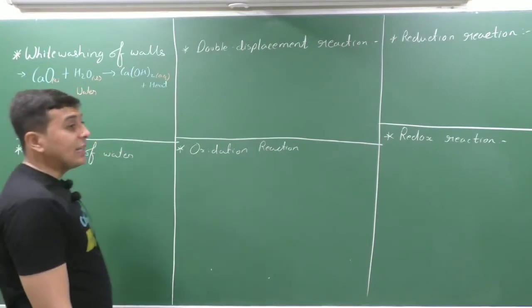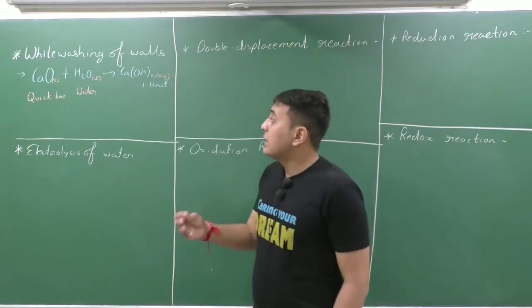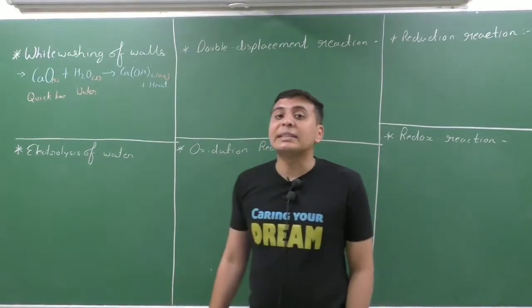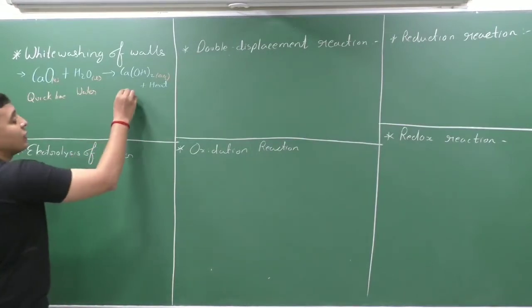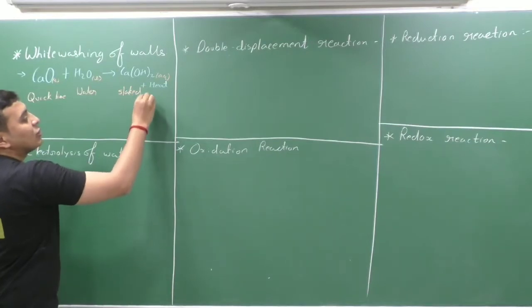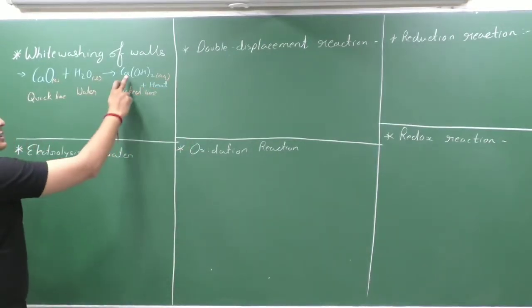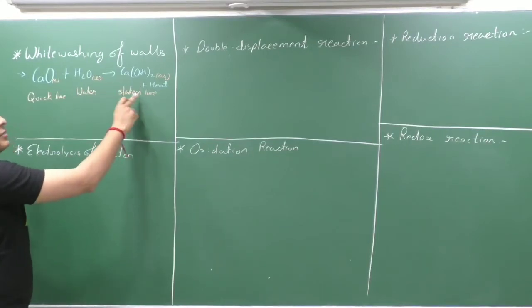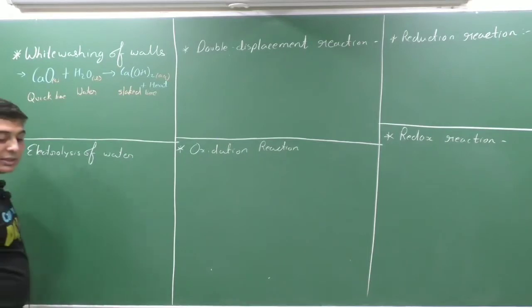Ca(OH)2, that is calcium hydroxide. The another name of the calcium hydroxide is slaked lime, or it is also known as lime water. Calcium hydroxide, slaked lime, lime water, that is one and the same thing.